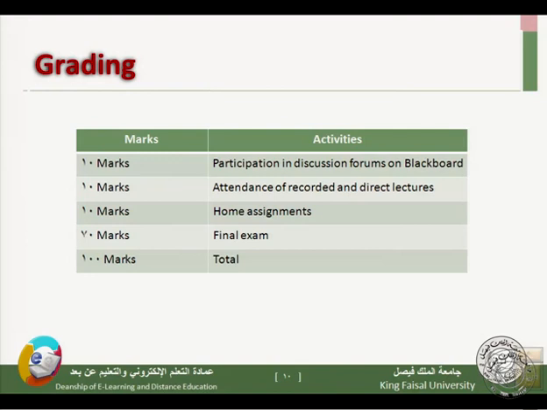And as for the last one, the third home assignment is out of 4, so it will consist of 4 questions, and each question is out of 1 mark. Concerning the final exam, it will be out of 70 marks, and that means it consists of 70 multiple choice questions. Each multiple choice question has 4 options, and you have to decide about the only one correct option.